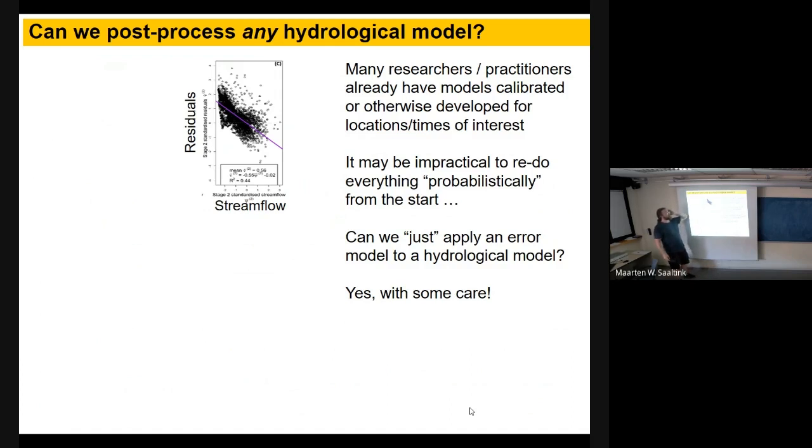One of the challenges is that if you have different transformations when you calibrate the model parameters and when you estimate the error model, which is what happens in this sort of context, you will often have some artifacts in your residual errors. So this was a very typical one, essentially a bias in the model that depended on the magnitude of the streamflow.